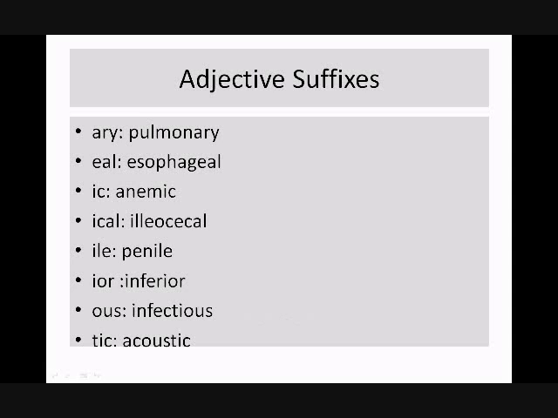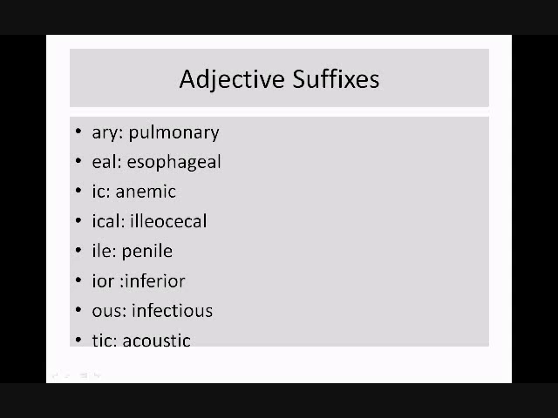So here are some suffixes that are more of an adjective term, and we talked about some already. If you have a word like, let's say, pulmonary, the airy part of it is the adjective that makes the pronunciation much easier. Al, as in esophageal, or ic, which we kind of mentioned already, as in anemic or cardiac. Ical, as in ileocecal.